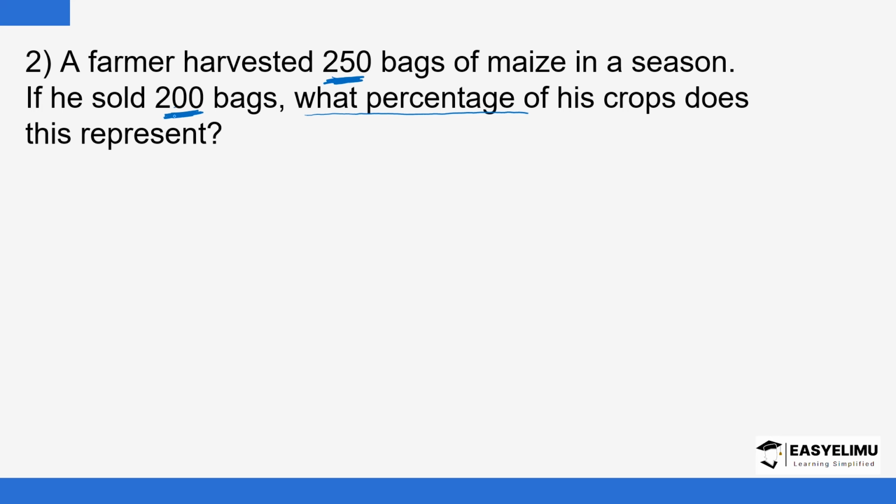Maybe we will simply express this as a fraction of the original so that we get the percentage of the number of bags that are sold out. So the percentage sold is going to be 200 over 250, multiplied by 100.